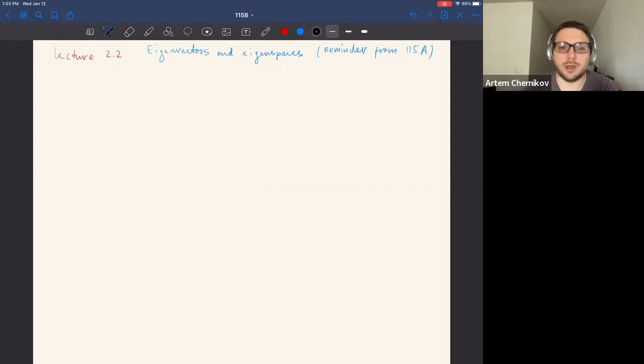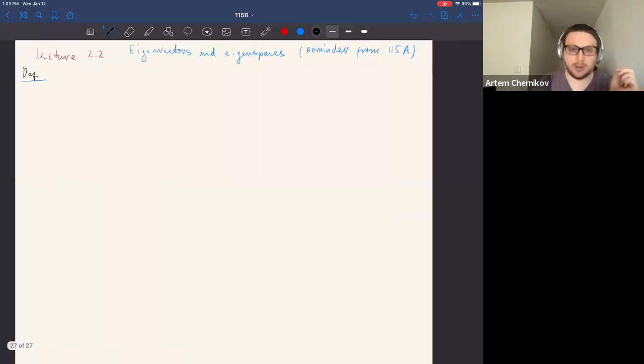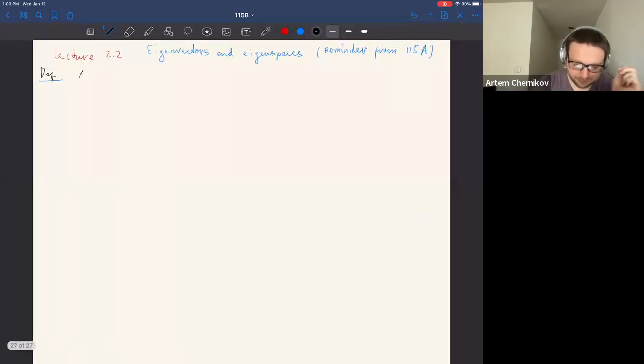All right. So let's begin with the definition of a diagonal matrix. Of course we all know what this is, but just to make sure we're on the same page.